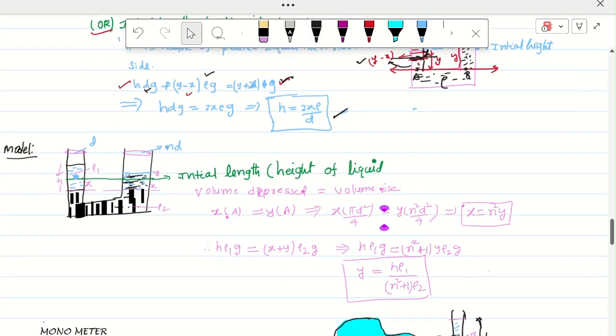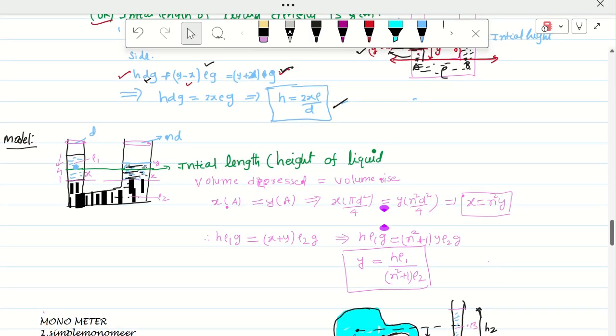Now if the two limbs do not have the same cross section, this is important. Not the same cross section means the volume depressed is equal to the volume raised, but the length depressed is not equal to the length raised. x into A is the depressed volume, and on the other side y into A. I can consider x into small a and y into A. The x depression has the liquid of density d, and the y rise is the density of this fluid.